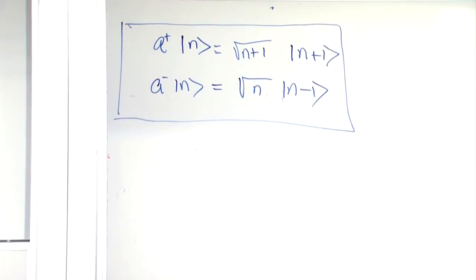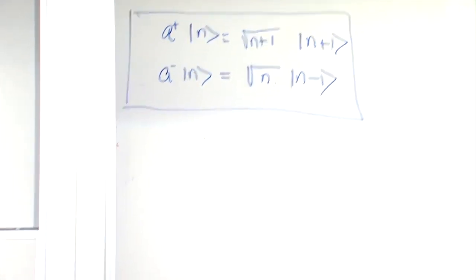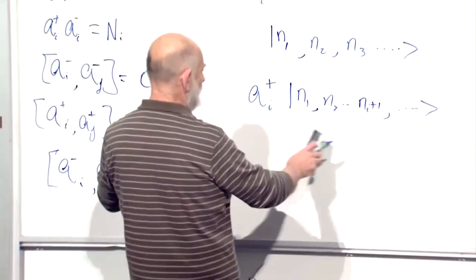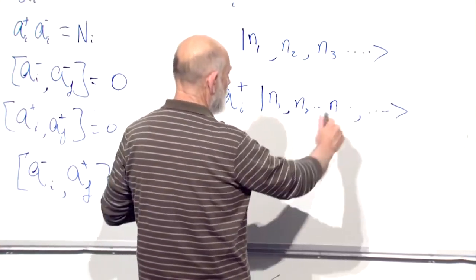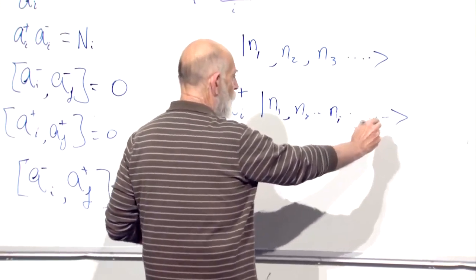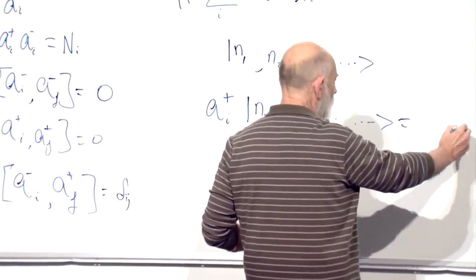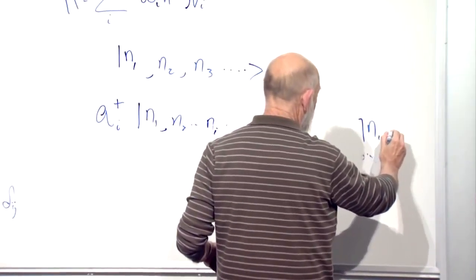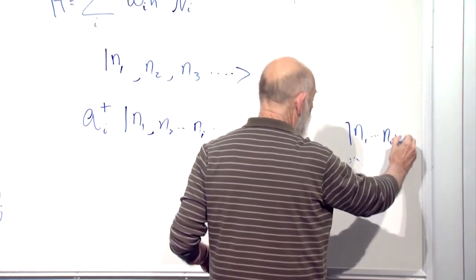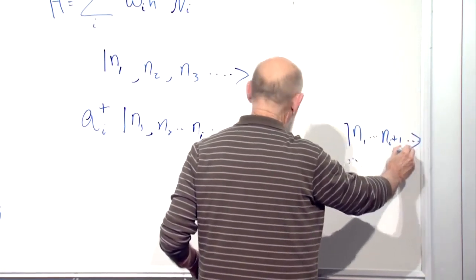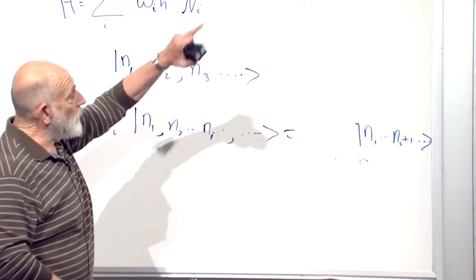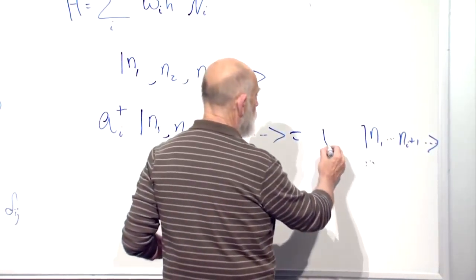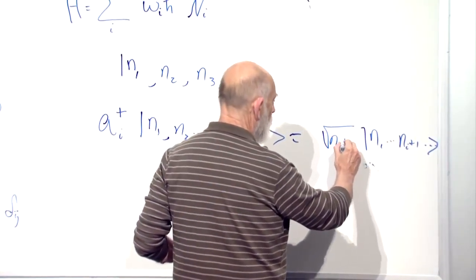So what we actually have to write is n_1, ..., n_i plus 1, but we have to put in a square root of n_i plus 1.